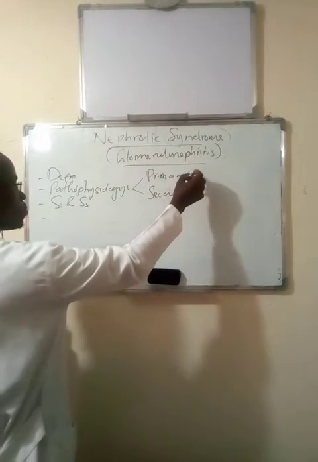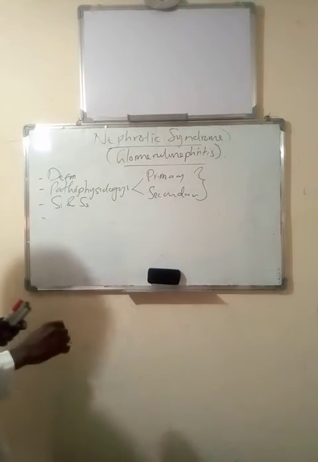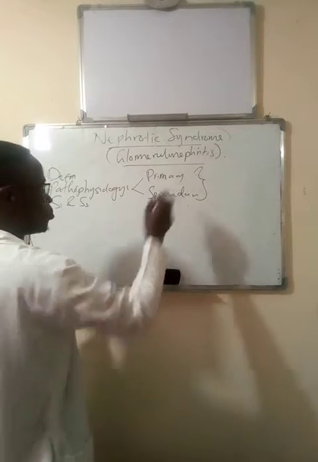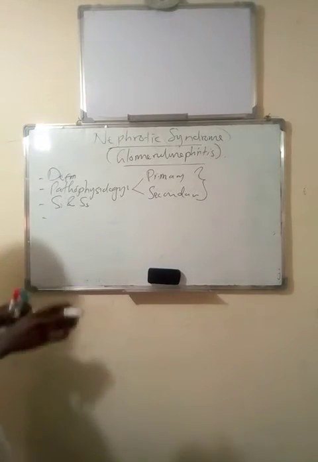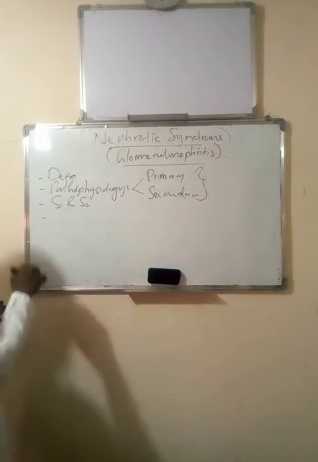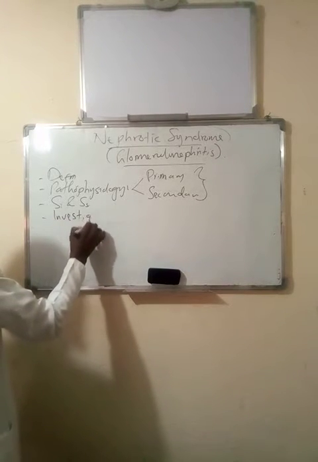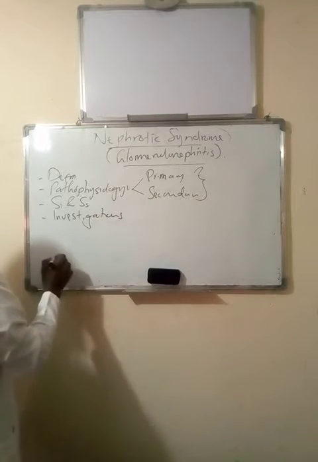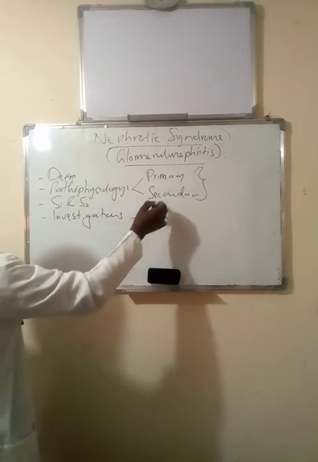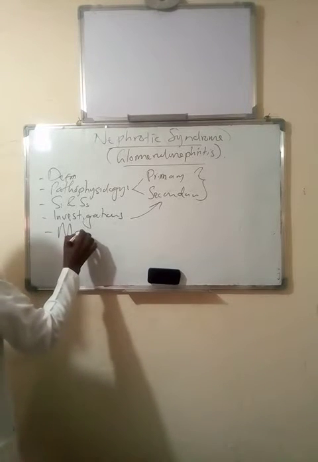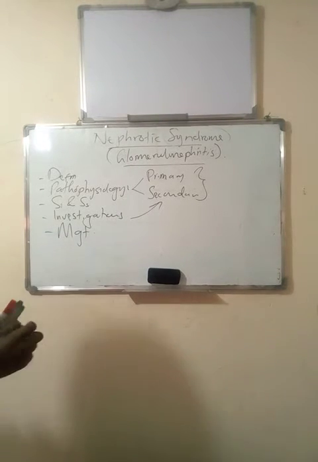So the causes are where part 2 of the lecture comes in. I'll briefly talk about them, but not go into details. Then after signs and symptoms, we're going to look at investigations, and then the general principles of management of nephrotic syndrome.